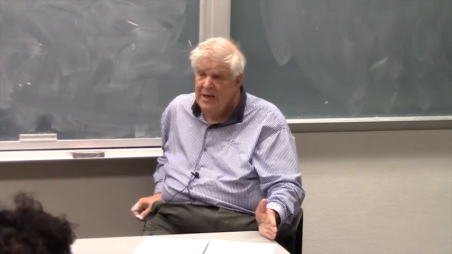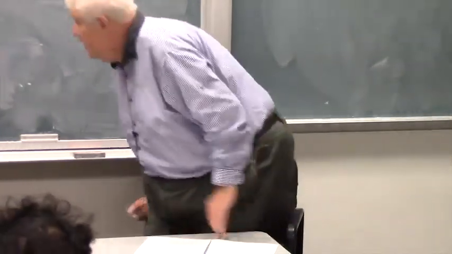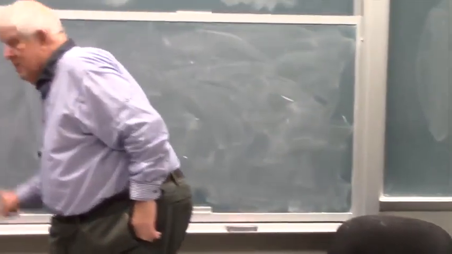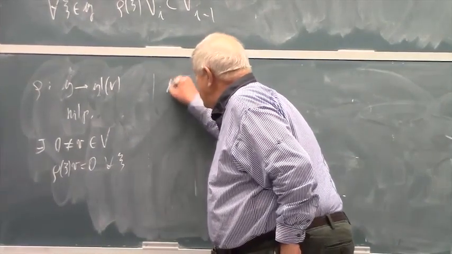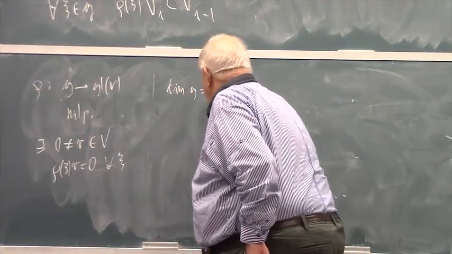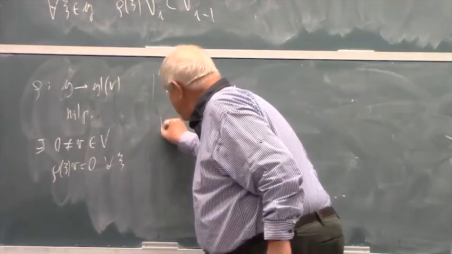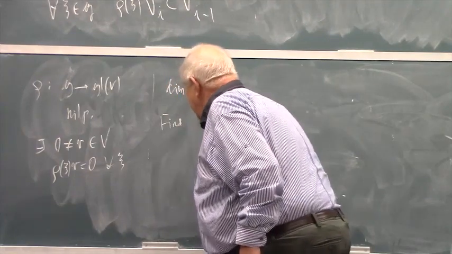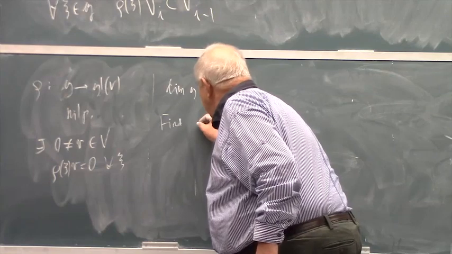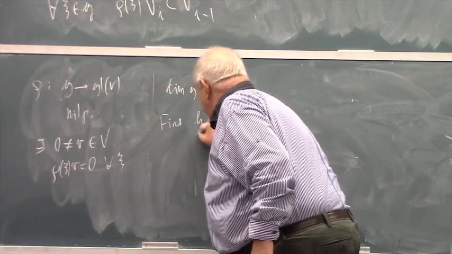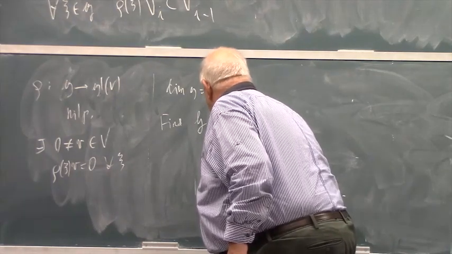Let me show you this part of the proof. The dimension 1 case is obvious. Suppose that it is true for some dimension, and we find an ideal H of codimension 1.